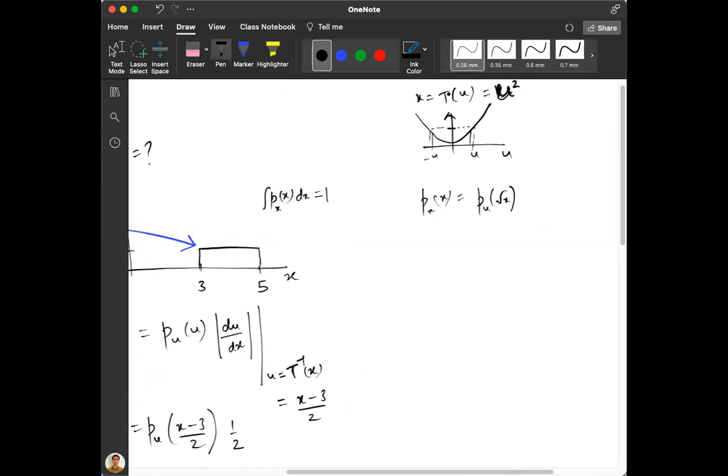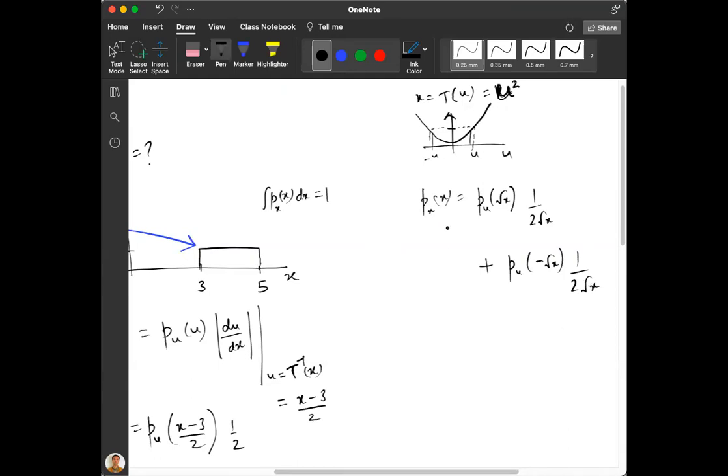What is the derivative? 1 upon 2 root x. Plus p_U at minus root x times 1 upon 2 root x. And since there is a mod here, it stays root x only; there is no negative sign here.